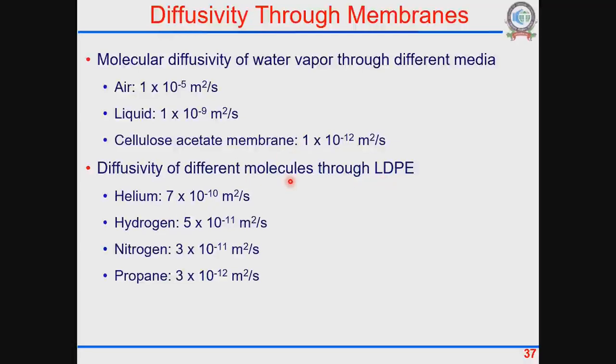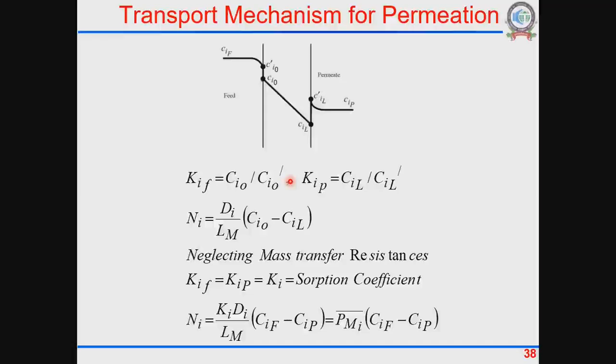Okay, so if you look at the transport mechanism, think about this as a feed and this as a permeate. This is the membrane. Imagine this is the concentration of the solute on the feed side, and there is a small mass transfer resistance. Ci prime 0 is the concentration of the solute i on the feed side of the membrane.